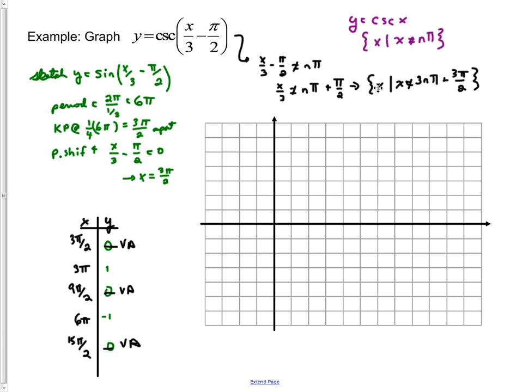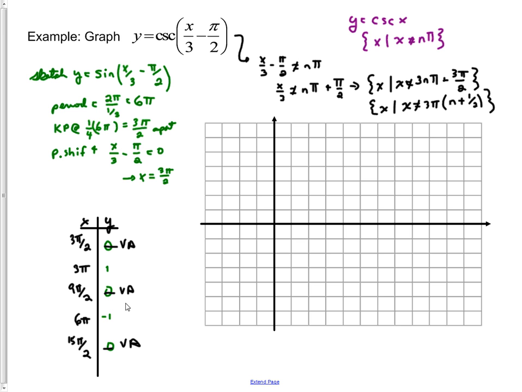But maybe another way of putting this is the set of all x such that x cannot equal 3 pi times n plus 1/2, if you wanted to simplify that out.